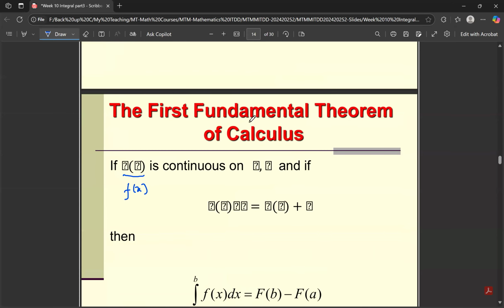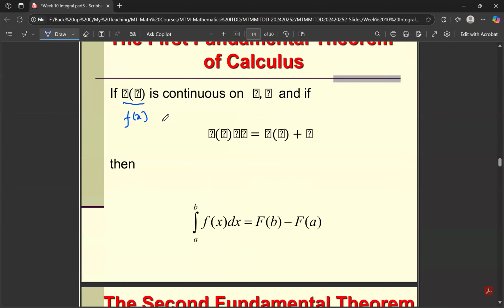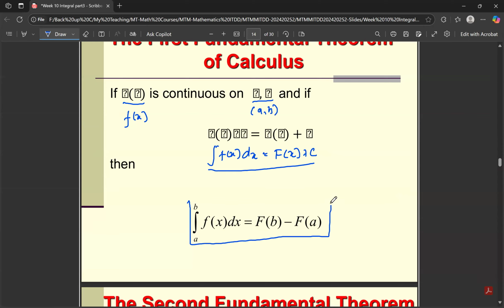We call it the first fundamental theorem of calculus. f(x) should be continuous on the interval from a to b, and the integral of f(x) dx must be capital F(x) plus C.